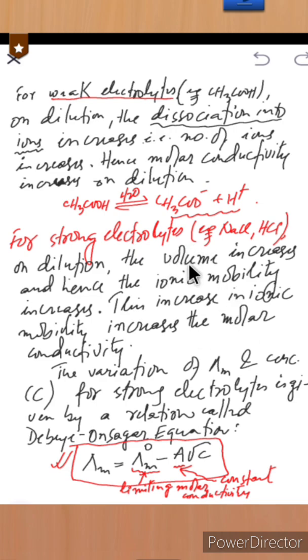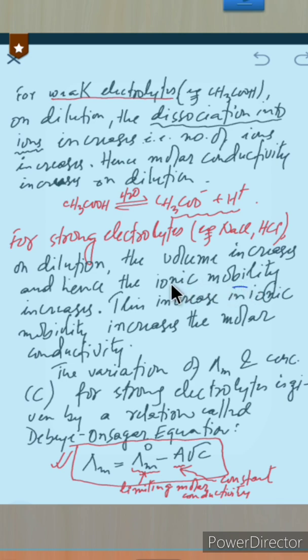when we add water, the volume of the solution increases. When the volume of the solution increases, the ionic mobility increases. Since the ions carry the electric current in electrolyte conduction, as the ionic mobility increases, the conductivity will also increase.